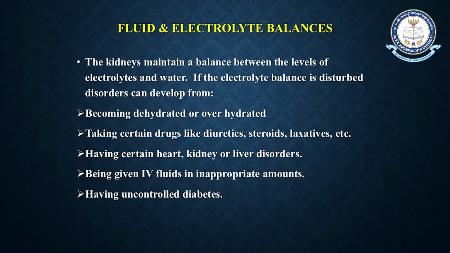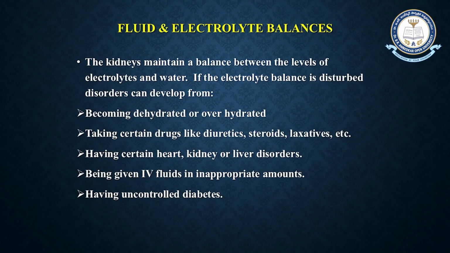The kidneys also help in maintaining balance in the levels of electrolytes and water. If the electrolyte balance is disturbed, it can lead to different disorders. Some of the reasons why this fluid and electrolyte imbalance occurs is when a patient is dehydrated or overhydrated, or certain kinds of medications. Also, having heart, kidney, or liver disorders can trigger this.